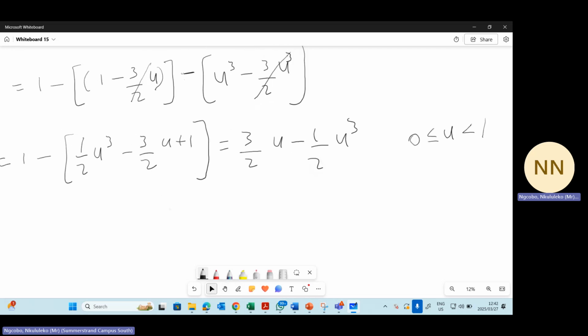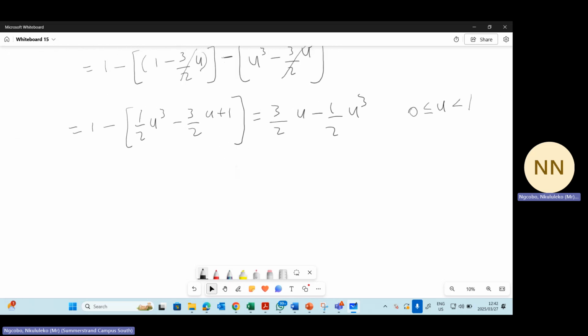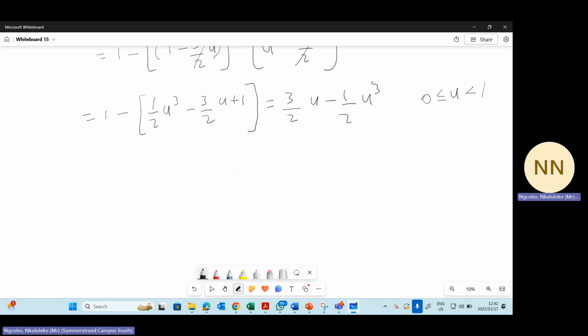So from here, you want to find the density function, right? The goal is to find the density function using the distribution function. So f of u will be the derivative of the distribution function, the derivative of this, right? So it's 3 over 2 minus 3 over 2 u squared, which will just be 3 over 2 times 1 minus u squared.